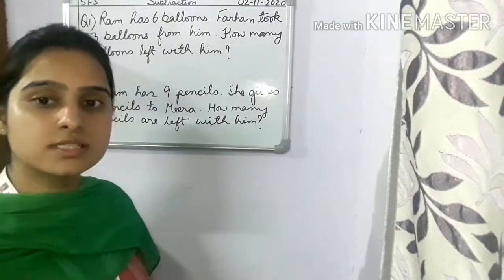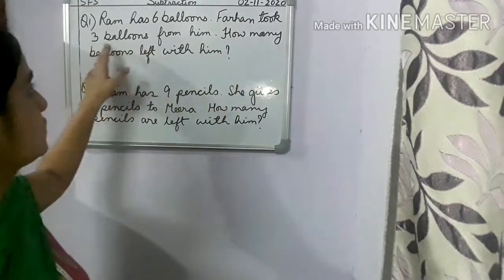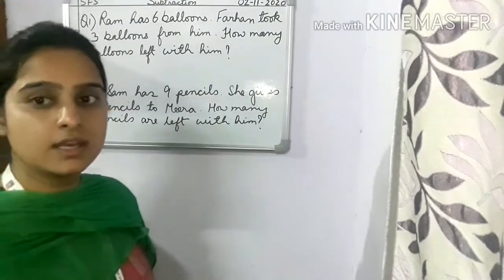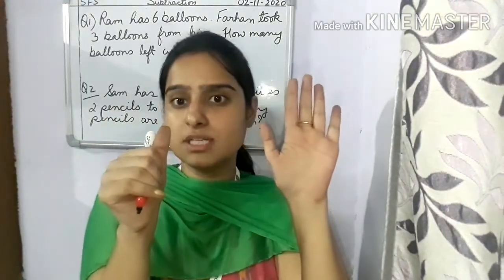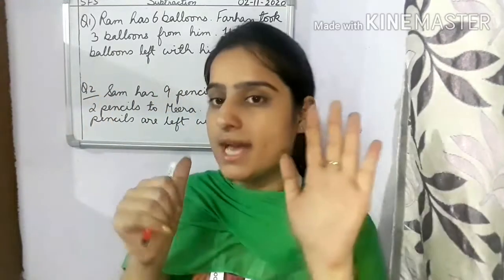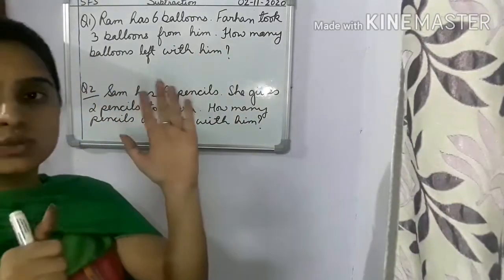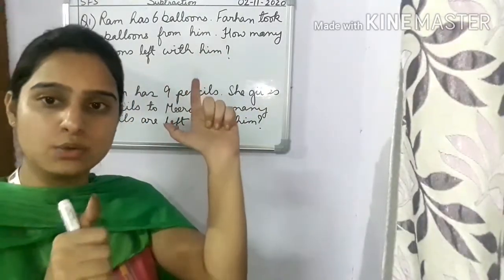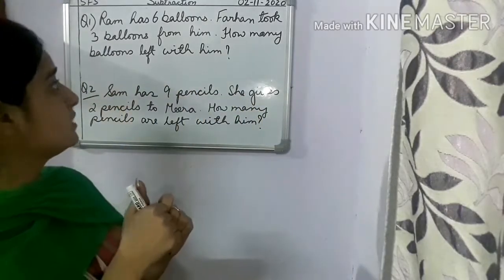How many balloons does Ram have? 6 balloons. Farhan took 3 balloons from him. He has 6 balloons, children. How many balloons? You can count it in your finger. 6. Here Ram has 6 balloons and Farhan took 3 balloons. He took 3 balloons. So how many balloons left with Ram?